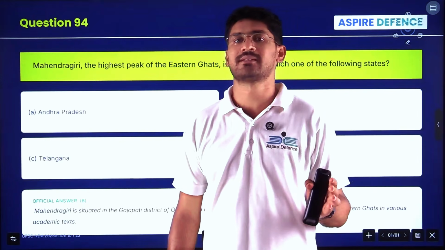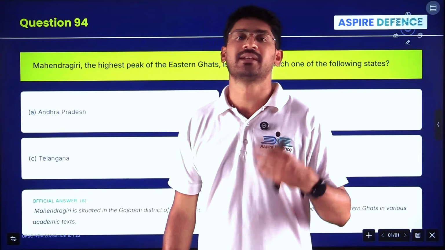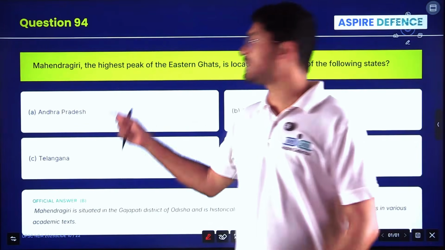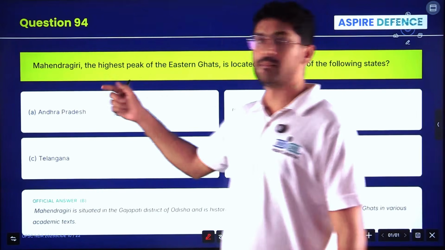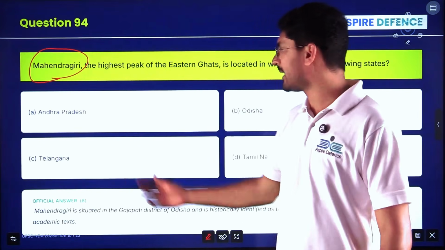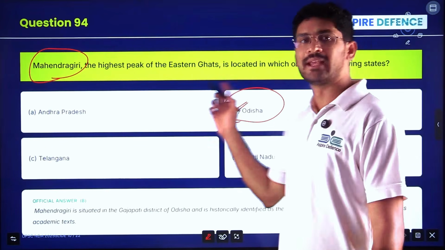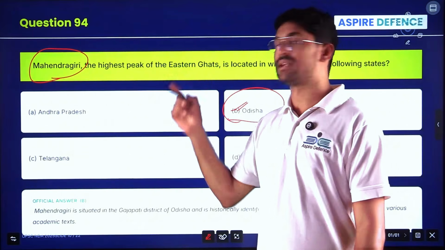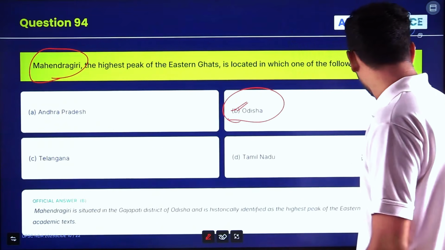We know Mount Everest is the highest mountain, but which are the other mountains in India? You have to do all this mapping from NCERT and go through it thoroughly. Mahendragiri is the highest peak in Eastern Ghats. If you know, the direct answer is Odisha, option B. So the theme here is mapping. You have to revise the important mapping I told you.